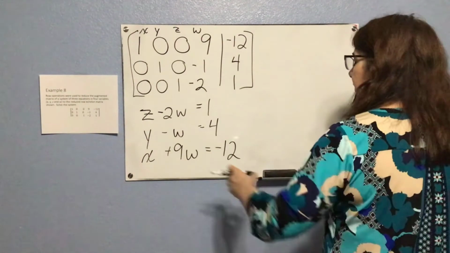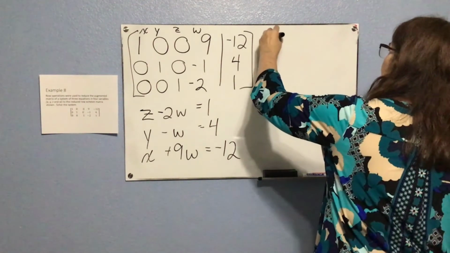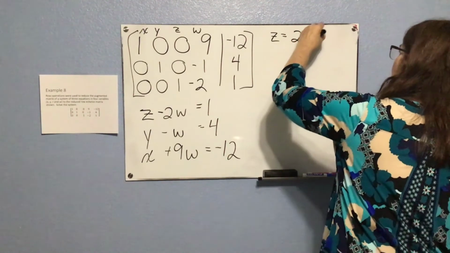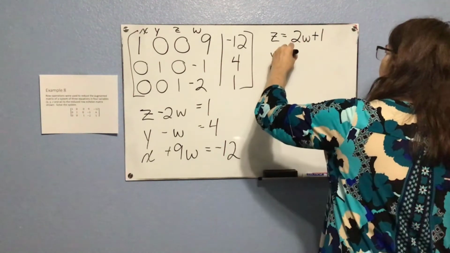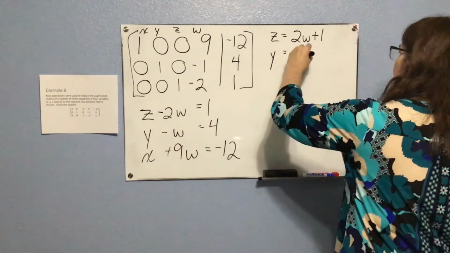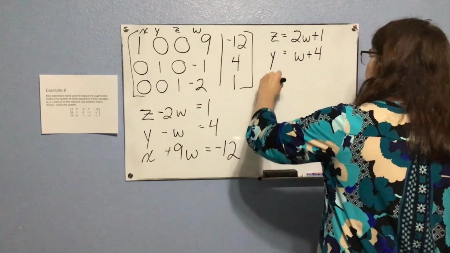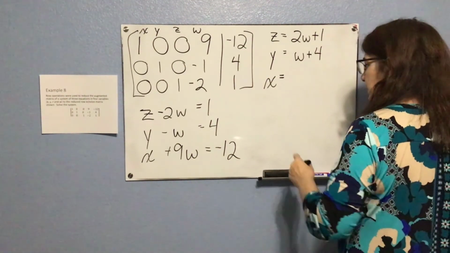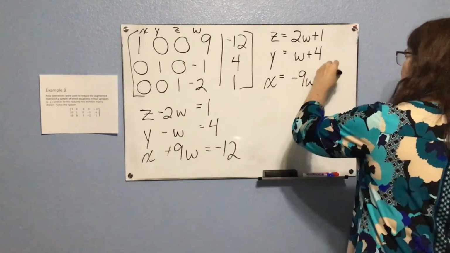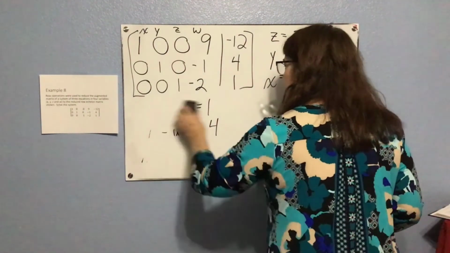So if I were to solve these equations for x, y, and z, I would have that z is equal to 2w plus 1, y is equal to w plus 4, and x is equal to negative 9w minus 12.